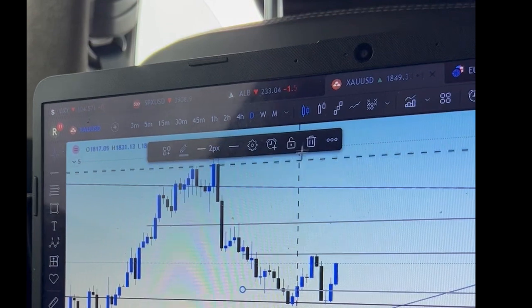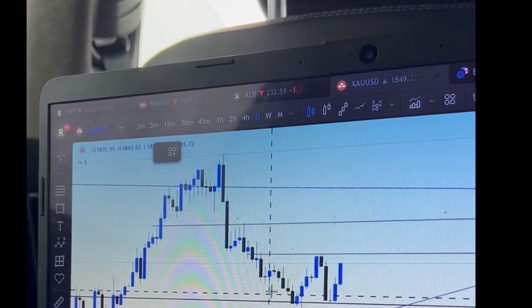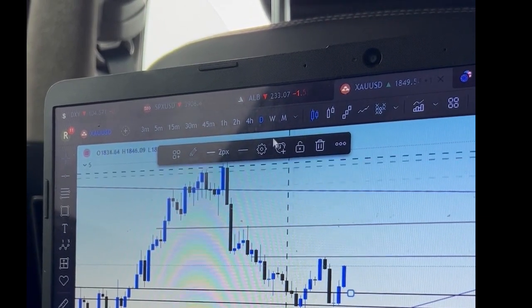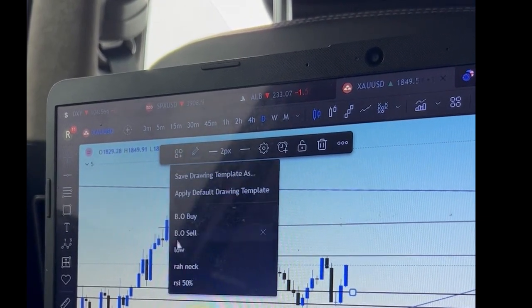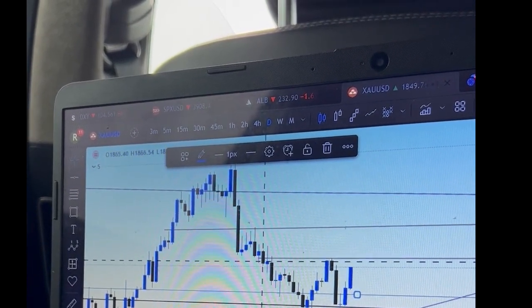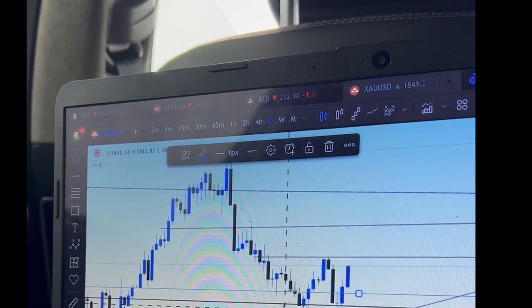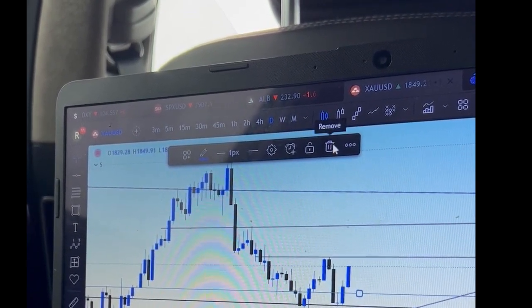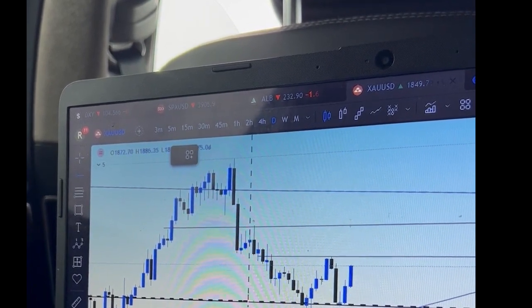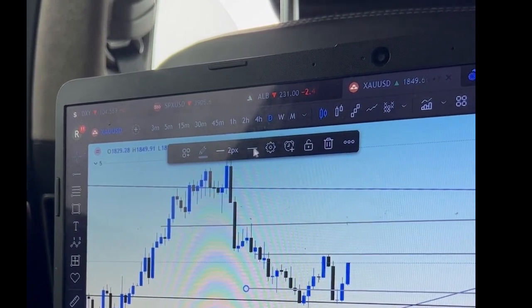Get rid of this because I got stuff that's pre-labeled. Price makes a decision at this joint. It made the bullish formation at that level, and there's the neckline. I got it. My settings are off, so I'll just write it in.